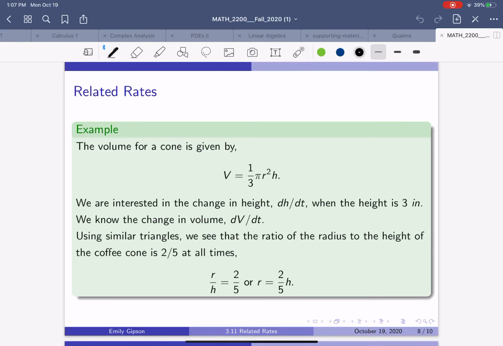But I don't know anything about the time rate of change of the radius, and I'm not trying to solve for it. So I want to develop a relationship between r and h so that I'm only dealing with h's. And that's where we get our similar triangles from.